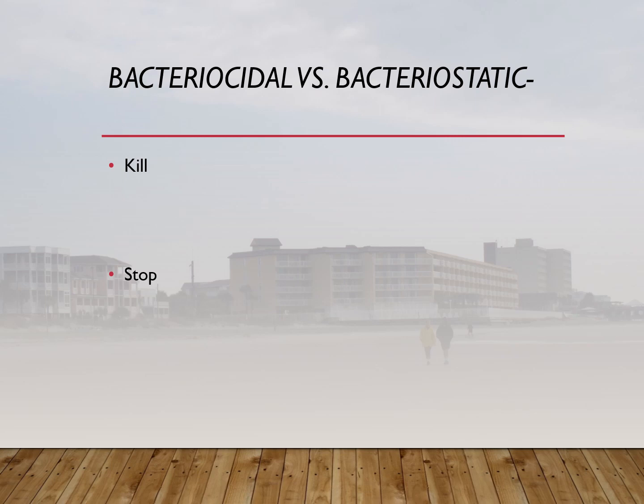Because they aren't as aggressive, they often don't have as many side effects. My own observation, I don't know that you'll find this anywhere in the literature, is that the bacteriostatic antibiotics tend to have less problems with developing resistance, but I'd be fascinated if anybody finds any documentation of that.